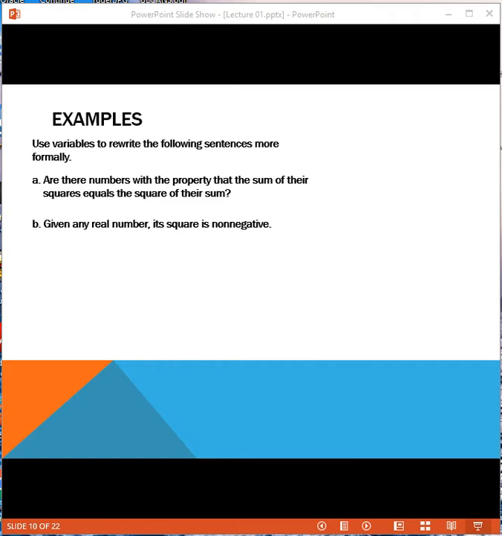So we can say, are there numbers a and b with the property that a squared plus b squared equals (a plus b) squared? Or another way we might phrase that is, are there numbers a and b such that a squared plus b squared equals the sum (a plus b) squared?